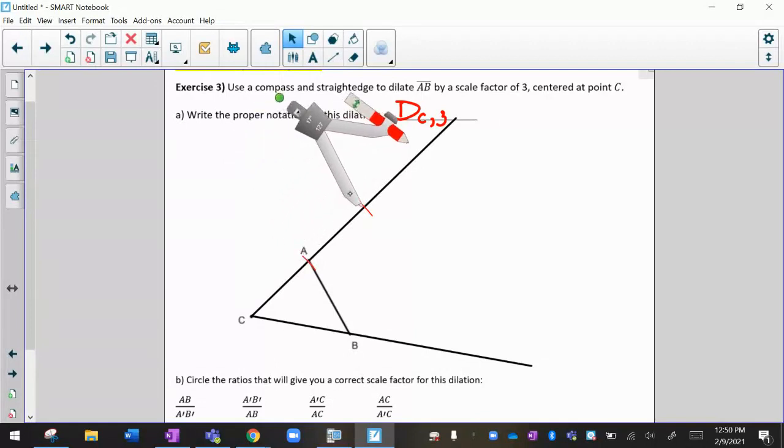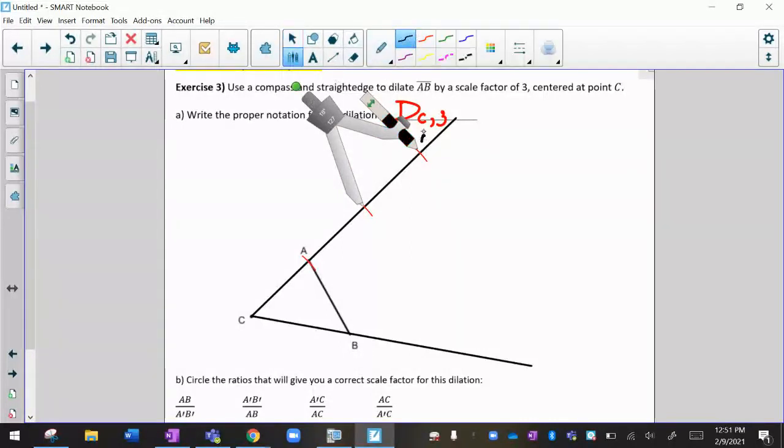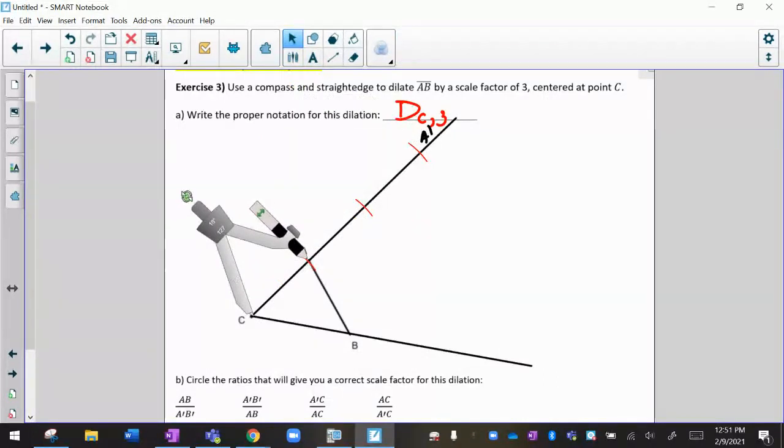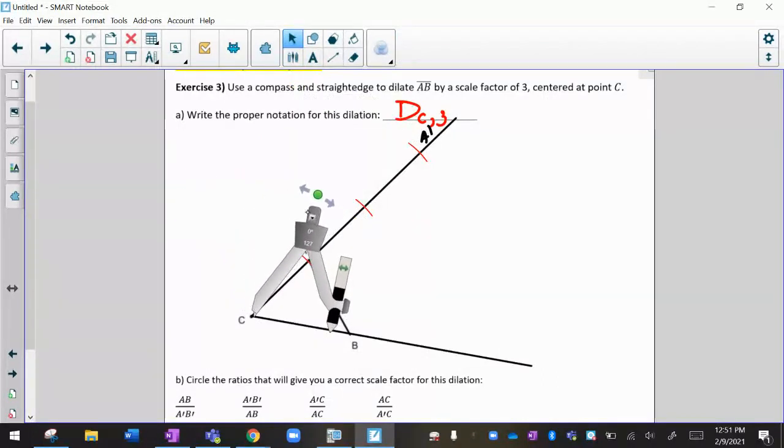And if I dilate by 3, I end up right there. In other words, draw as many arcs down the line as you need to get your scale factor. Okay, so that would dilate A by a factor of 3, making this A prime out here. Now I'm going to do the same thing with B. I'm going to come down here, measure from C to B.